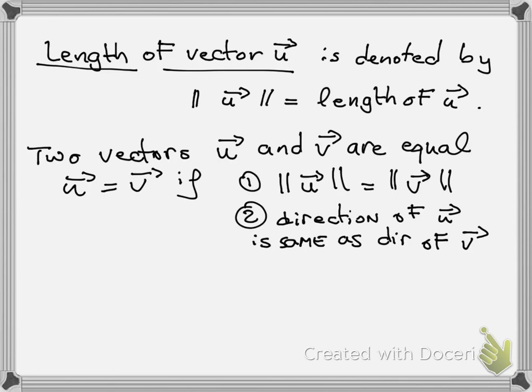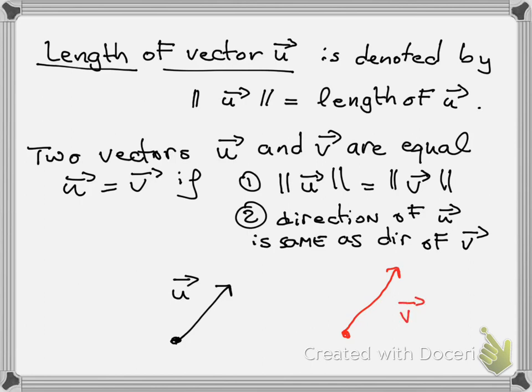So for example, here, let's say this is the vector u. Now, if you have another vector, let's say this one here, let's say this is the vector v.